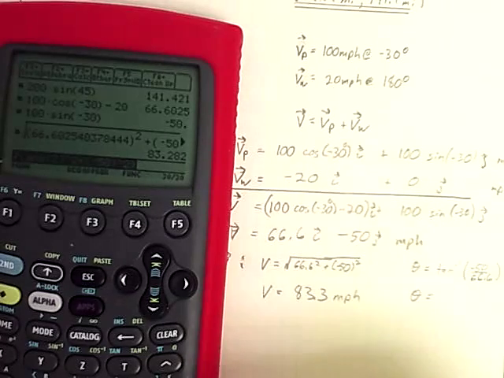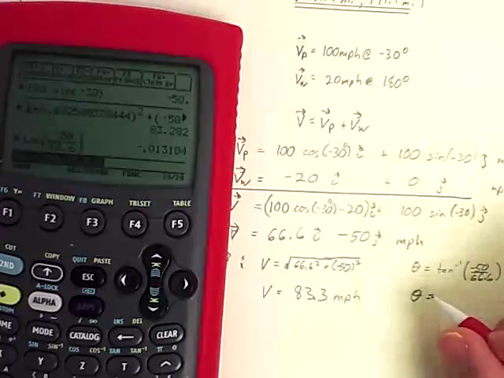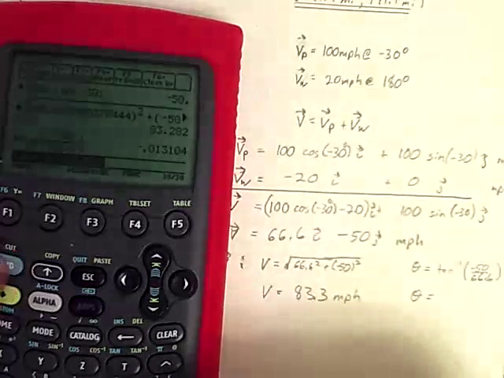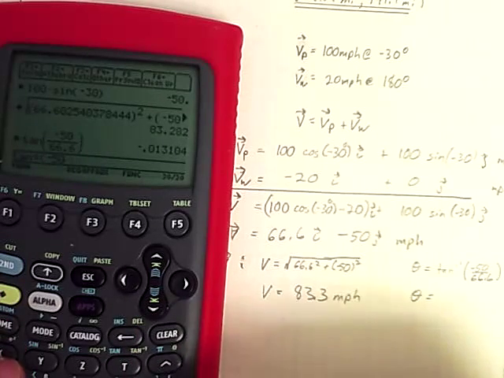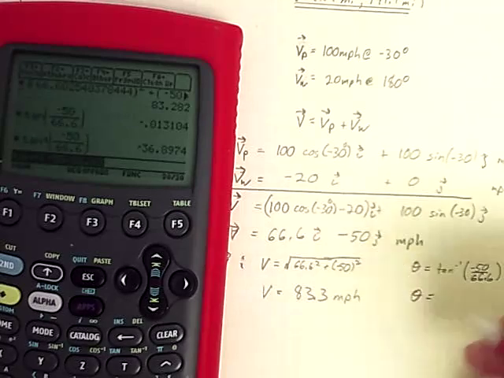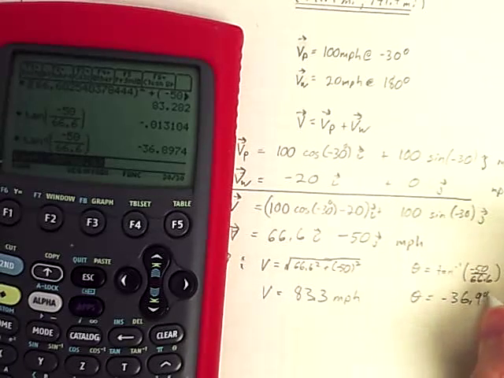And theta is the tan inverse of negative 50 divided by 66.60. Whoops. So what happens when you take tangent instead of tan inverse? So an angle of negative 36.9 degrees.